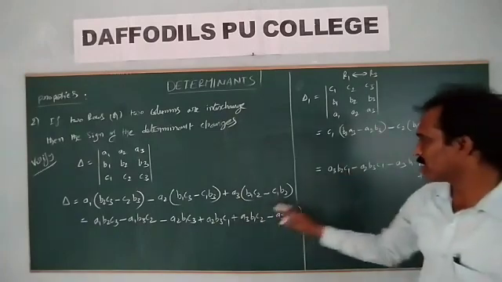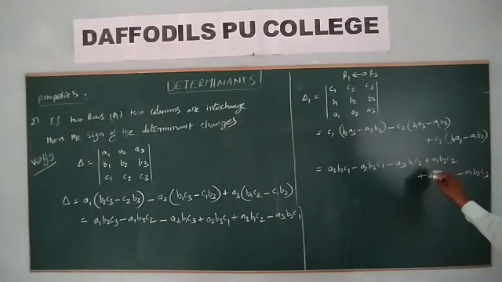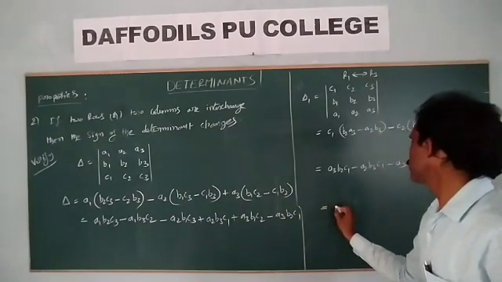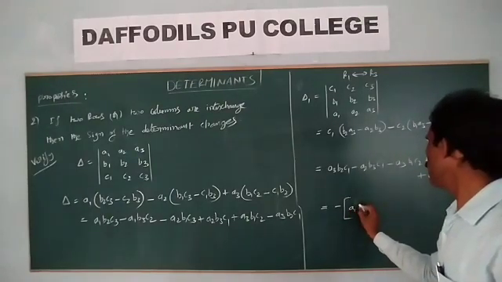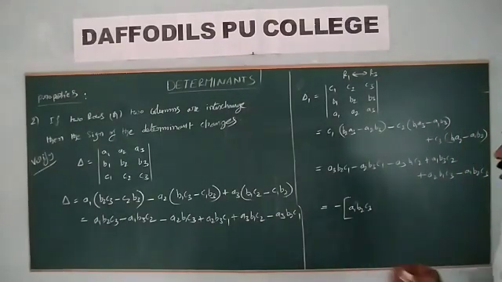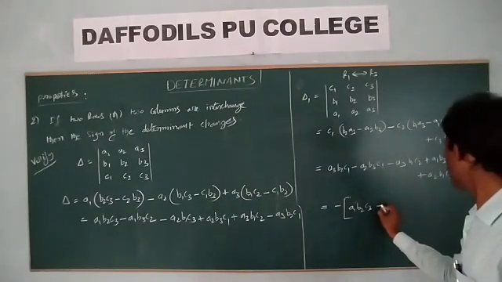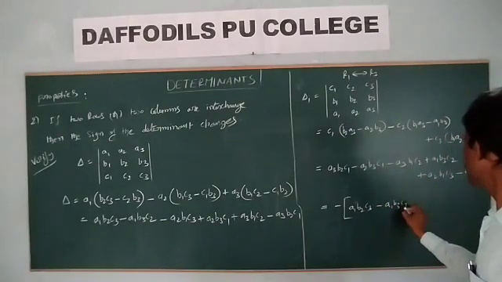Okay, compare these two terms. Here A1 B2 C3 has minus, so this can be written by taking minus common: A1 B2 C3. Next, minus A1 B3 C2; here A1 B3 C2 has plus, so that's why minus.